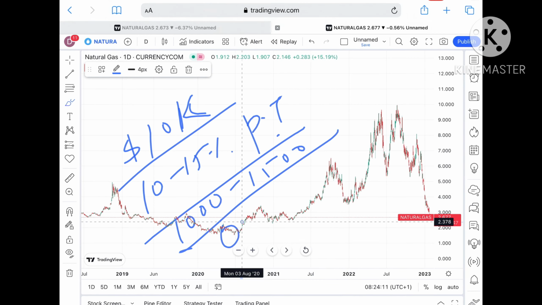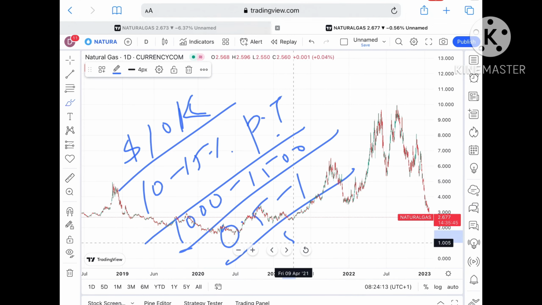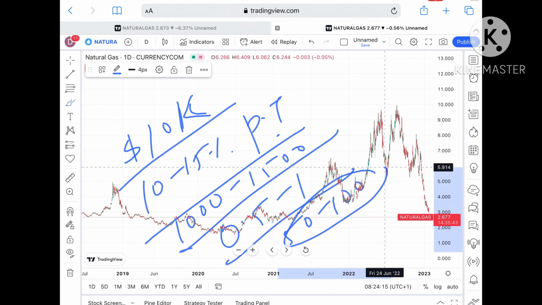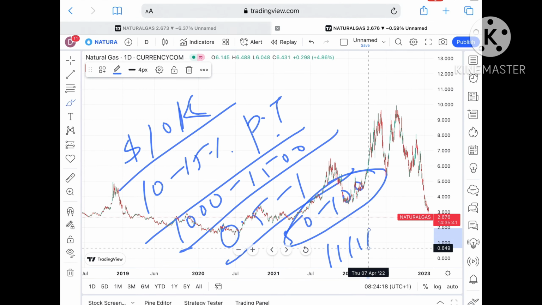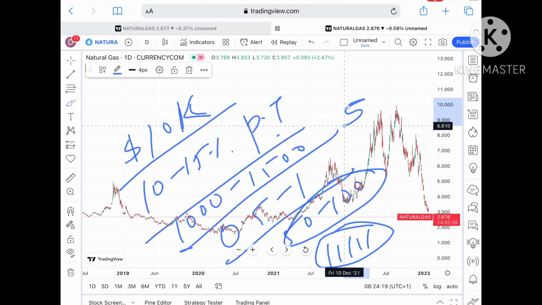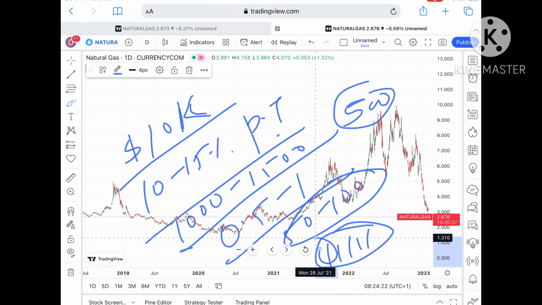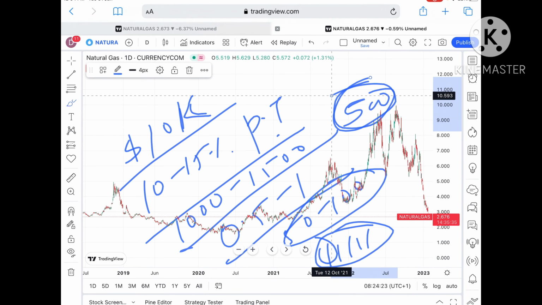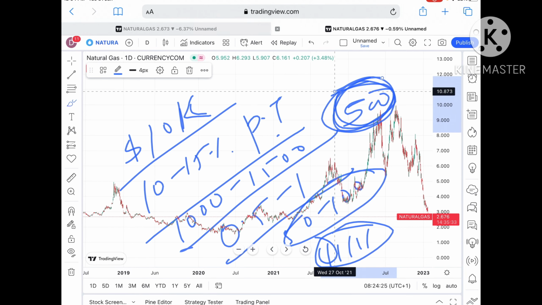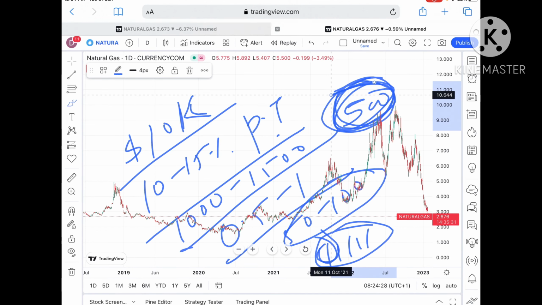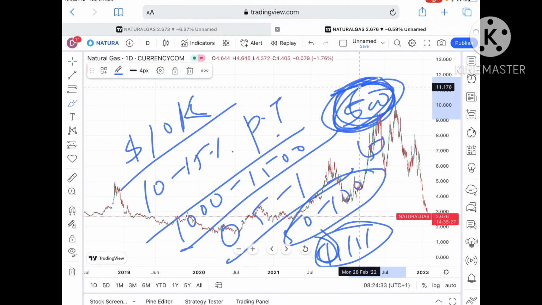Risk 0.5 to 1%, that is $50 to $100. Suppose you took 5 trades, the maximum loss you can take is 100 per trade, that is 500. Maximum of 500, but it will not affect your psychology.